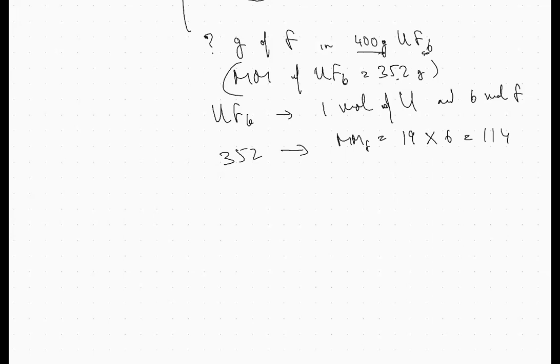So 114 grams in 352. The percentage of fluorine is given by 114 divided by 352, 32.4%. Then fluorine should be 400 times 32.4%.